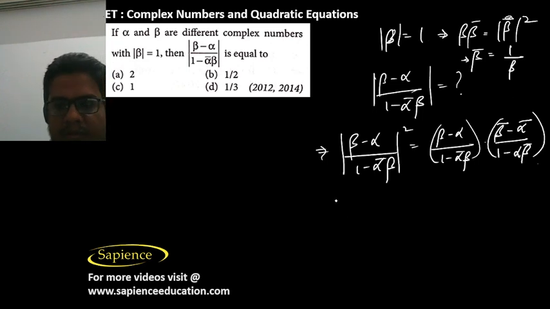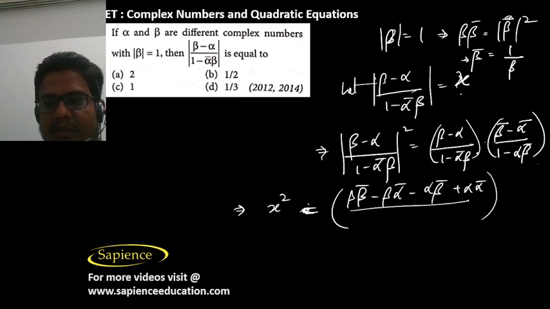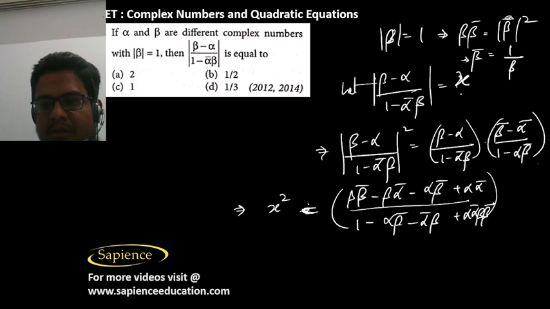Okay, so we have to find the value of this one. Let this be equal to x. So x square is equal to beta into beta bar minus beta into alpha bar minus alpha beta bar plus alpha alpha bar, divided by 1 minus alpha beta bar minus alpha bar beta plus alpha alpha bar beta beta bar.